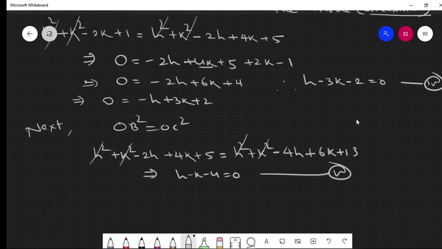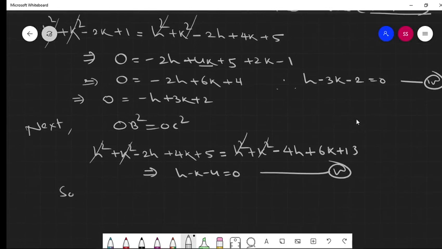Now finally, solving IV and V. If we subtract this minus this, h minus h cancels, minus 3k plus k is minus 2k, minus 2 plus 4 is plus 2, equals 0.